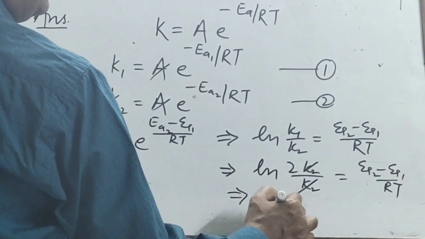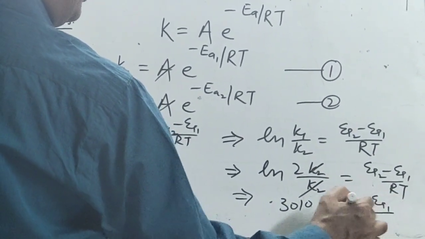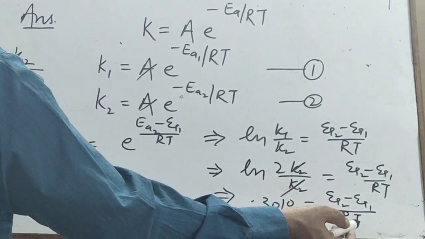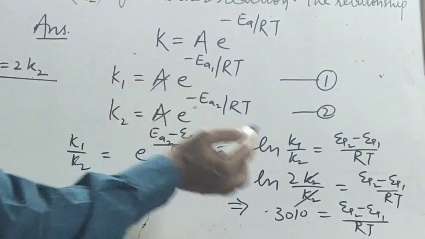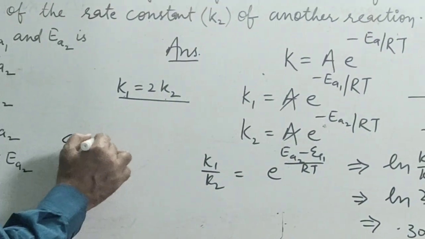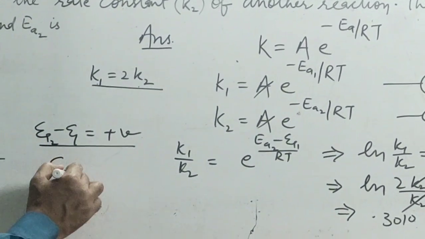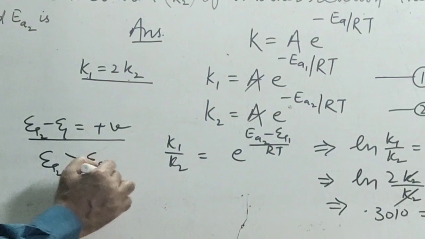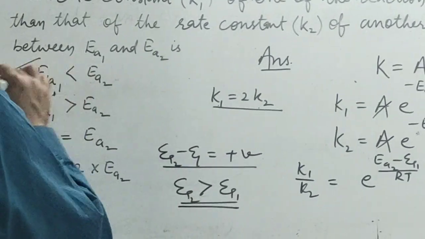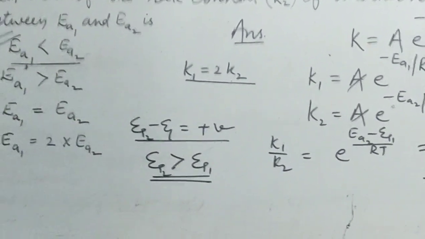Log 2, which is 0.3010, is equal to Ea2 minus Ea1 upon RT. Multiplying 0.3010 with RT, it would be a positive term. So Ea2 minus Ea1 is a positive term. Hence, Ea2 is greater than Ea1. It means your answer is the first one, Ea1 is less than Ea2.